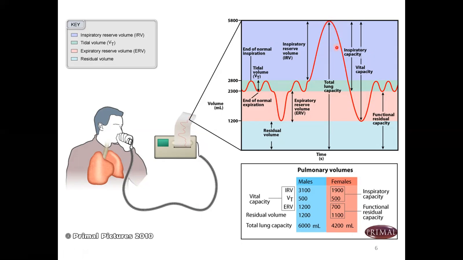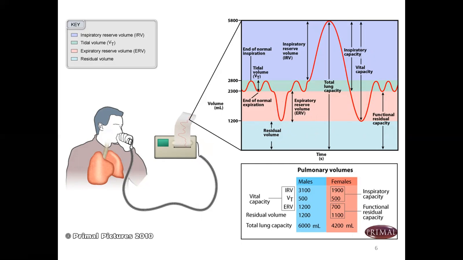And then here we can see the vital capacity. This is the entire volume of air that is able to be exchanged with the outside world. No matter what you do, no matter how hard you blow, as long as your rib cage and your lungs are intact, there's always going to be about 1 liter to 1.2 liters of air still left in your lungs, right? So literally from the very first breath you take, you are always going to have a little bit of air left over in your lungs.